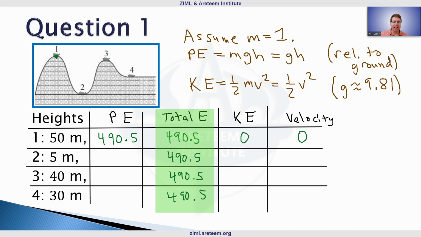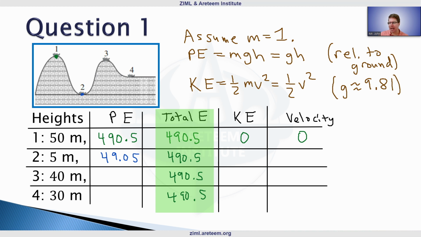And this is our idea of that potential energy being changed into kinetic energy in this case. But now we can start looking at these at different points. And the idea is going to be similar, but let's talk about the first one a little bit more carefully. So potential energy there, times 9.81, 490.5, we're going to have 49.05 there.